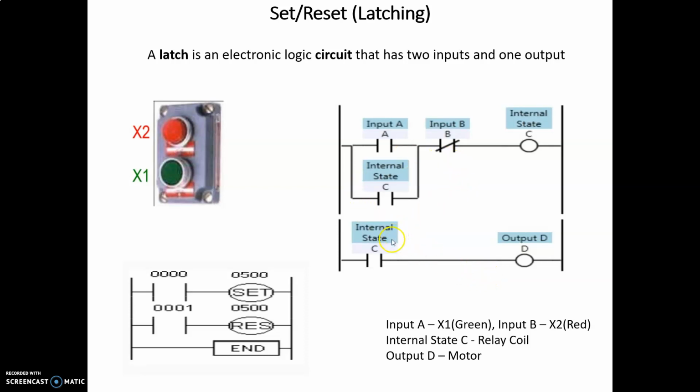In this way, this process is called a set, reset or latching process, where you use one input to switch on the motor and the second input to switch it off, right? Such examples we use many times in our lengthy numericals. So now let's move towards the next part.